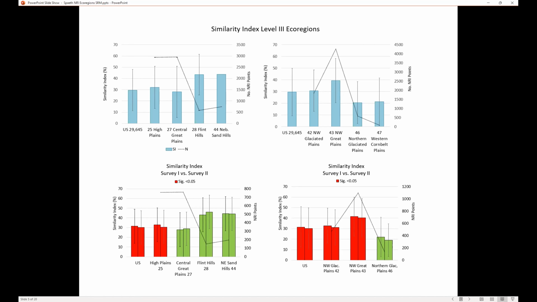And then we move over to the right and go further north into 4 ecoregions up closer to North and South Dakota, just showing you the basic type of data that we can glean from the NRI.